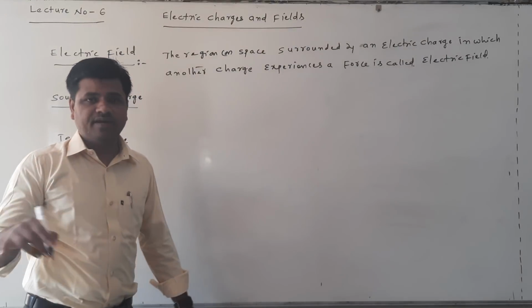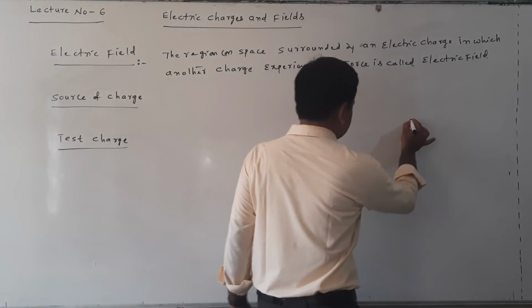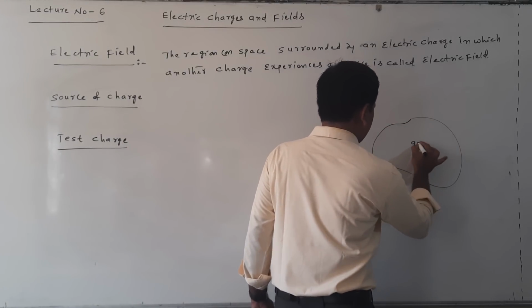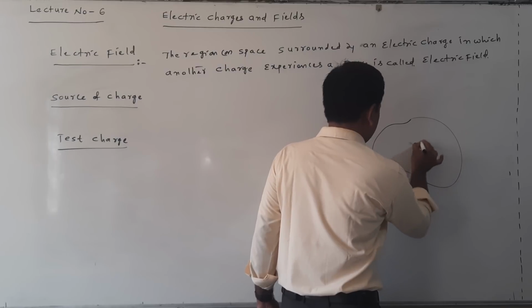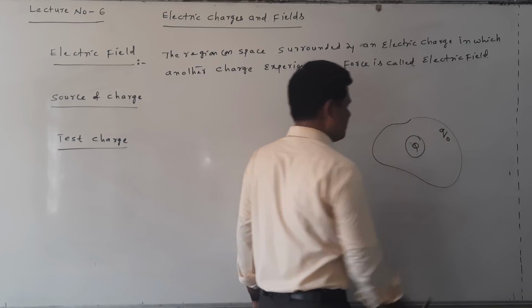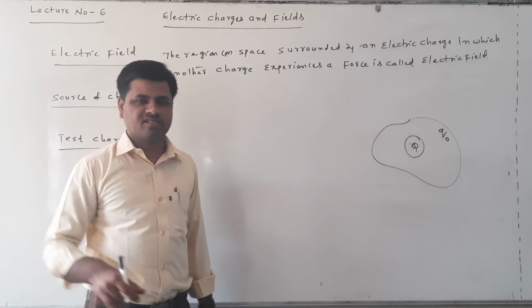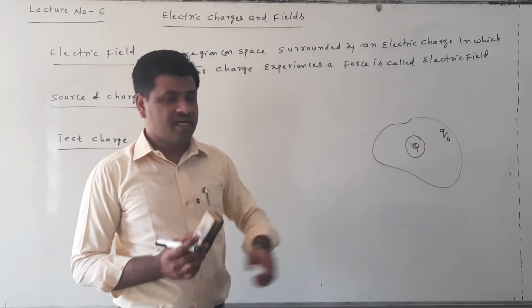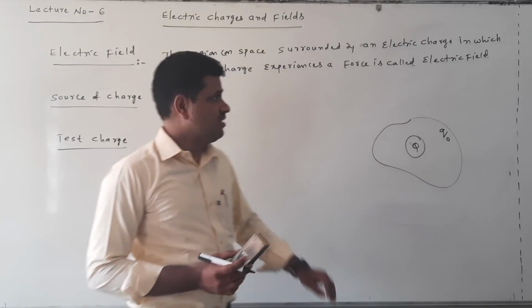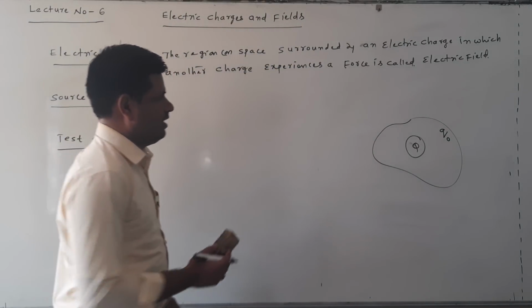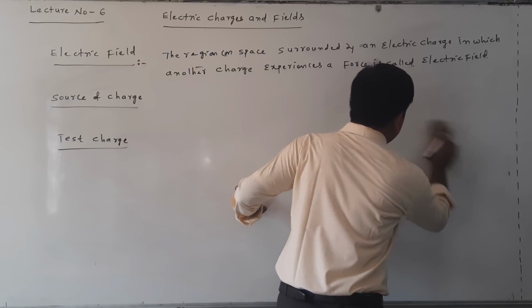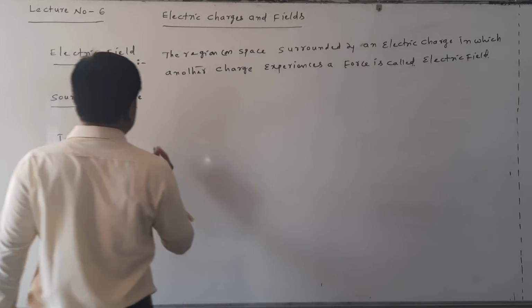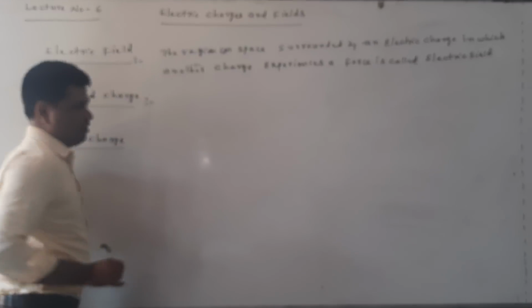Any charge we have taken, the region or space surrounded by it, in which another charge, the Q0 I am placing, experiences a force. That region surrounding this charge, wherever its effect is there, is called the electric field. Now, source of charge.